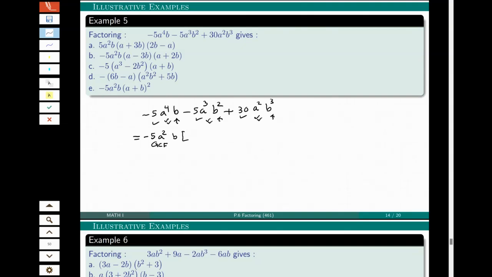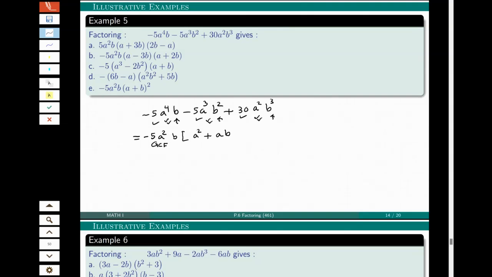What is left inside? The left inside, it will be plus a squared, now minus 5. Again, it will be plus, and a squared, it will be a, b squared, it will be b.